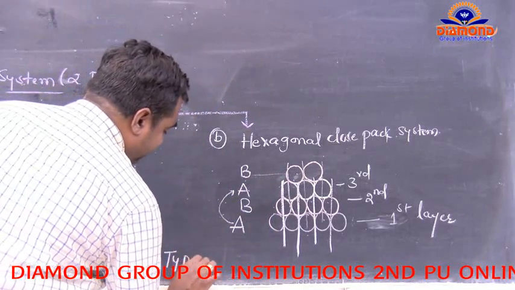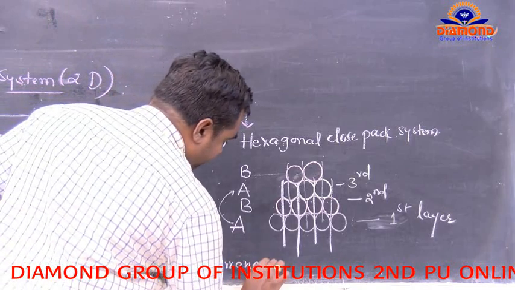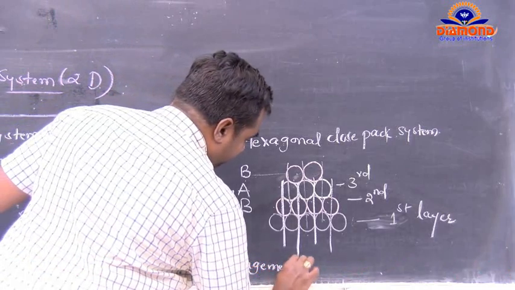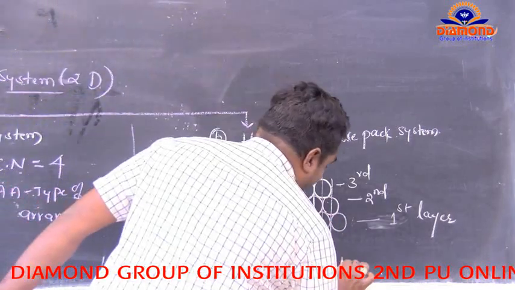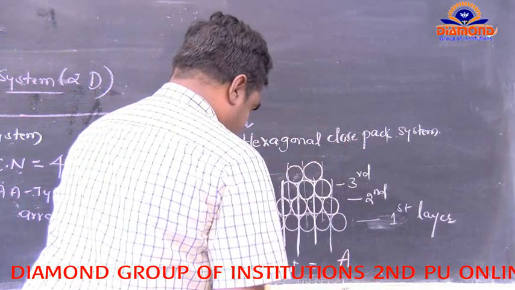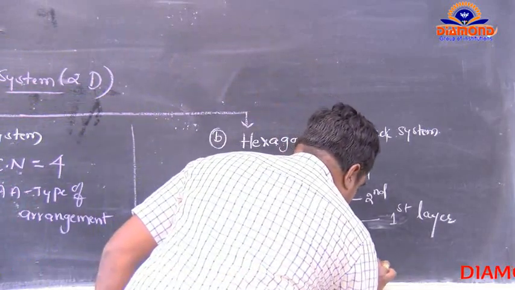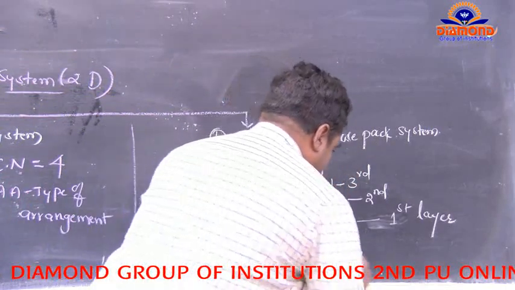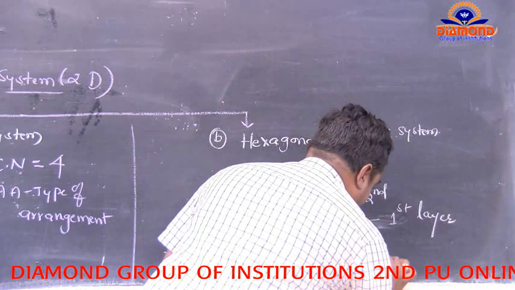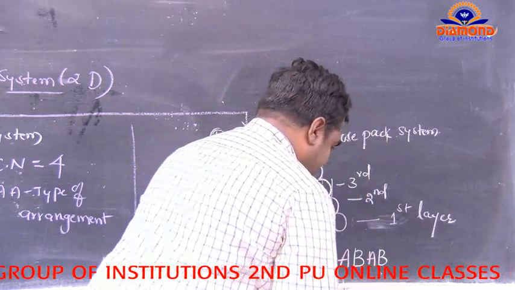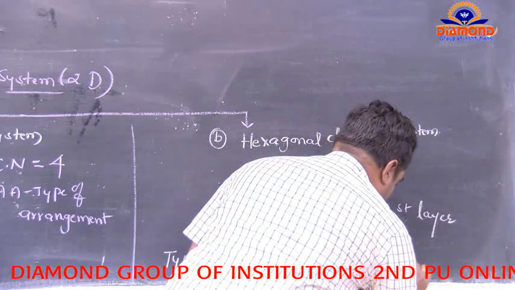The type of arrangement belongs to ABAB. A, next B, next A, next B, next A, next B, and so on.